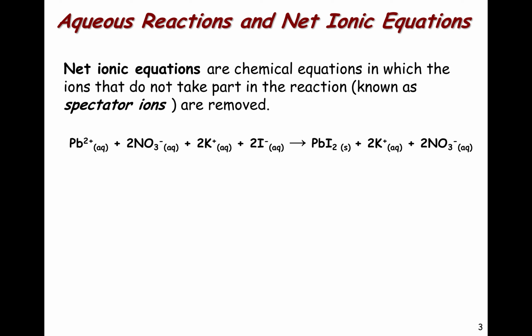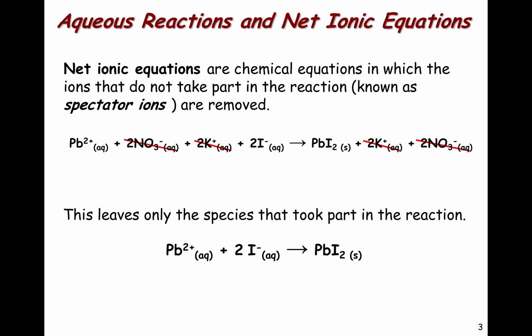Likewise, the potassium ions are both on the reactant and product side, so that also is a spectator ion, and they can be removed from the reaction, and that leaves us with the ions and the precipitate that will be present in the net ionic equation.